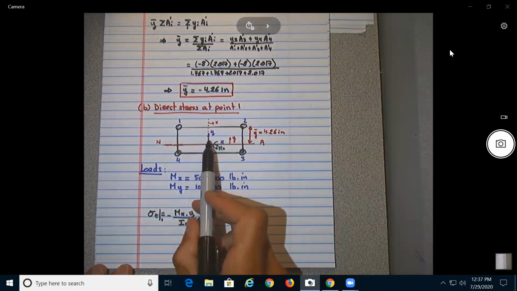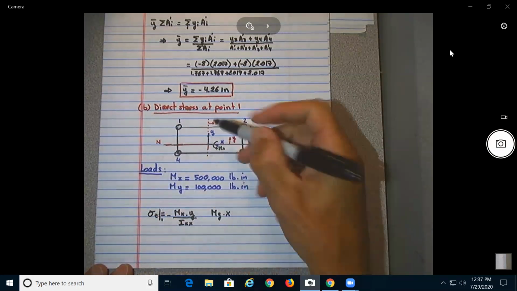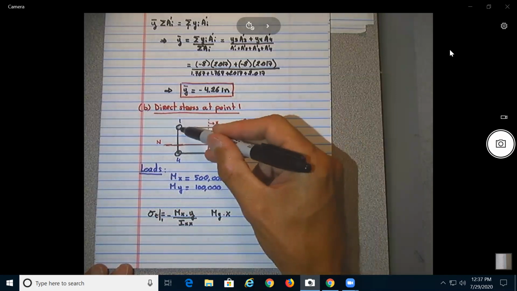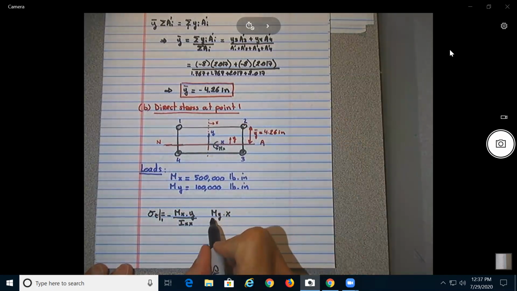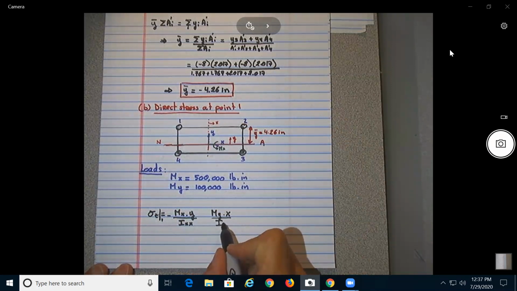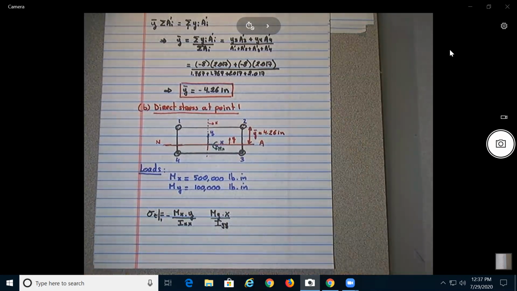And now we need to pay attention to what? The distance between the axis of rotation and the point we want to calculate, no? That will be x. And what will be resisting the bending in that direction will be the Iyy.